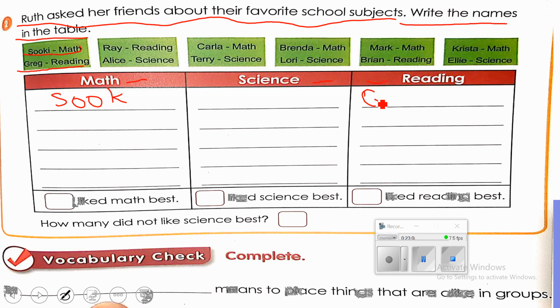So I write the name of the student. Ray, reading. So I don't write reading, sorry, I will write Ray. Yes. Alice, science. So here is Alice.